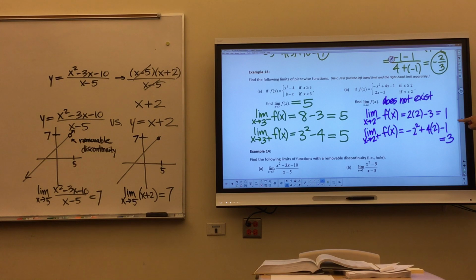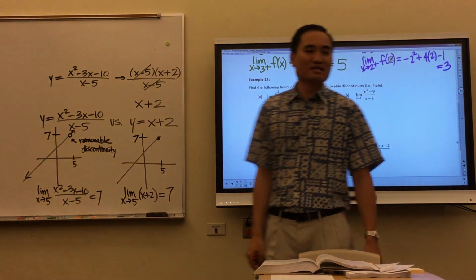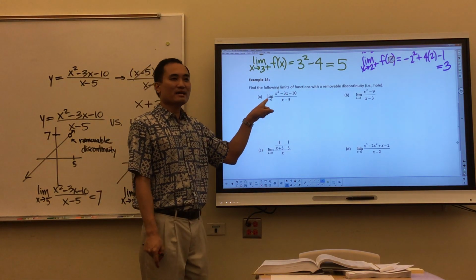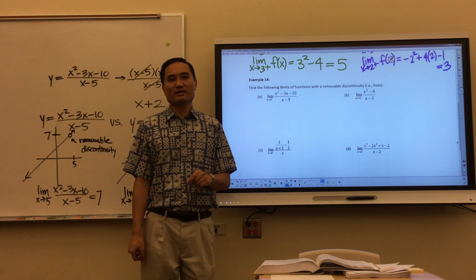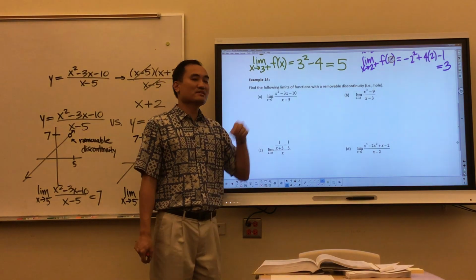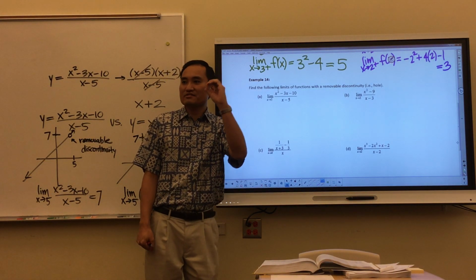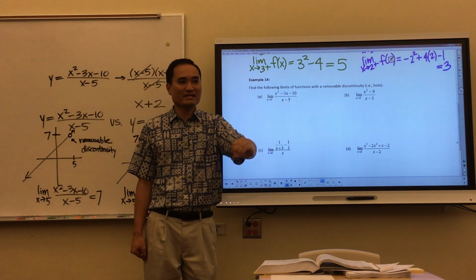Okay. Example 14. Now, all of these have a removable discontinuity. And here's how we know. If I plug 5 into the numerator, what do I get? 0. When I plug 5 into the denominator, I have 0. When you have 0 over 0, first of all, what form is that?